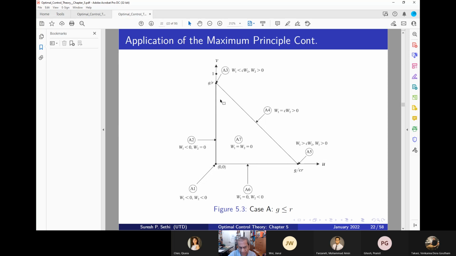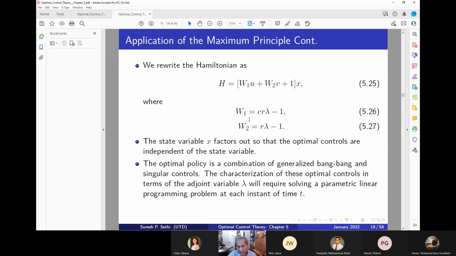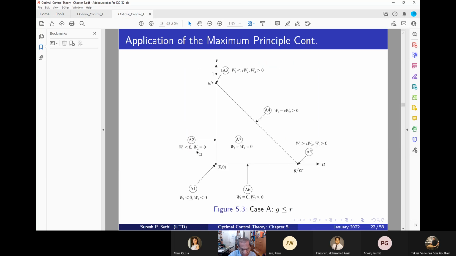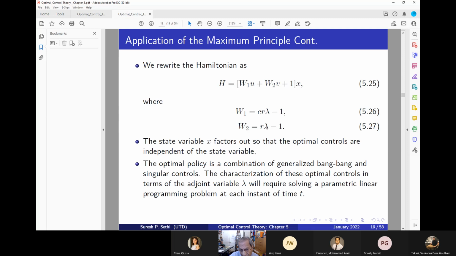Okay. The other thing you want to notice is that C is less than 1. So if you look at the W, you know that W1 will be less than W2. Right? So if W2 is less than 0, then W1 automatically will be less than 0.